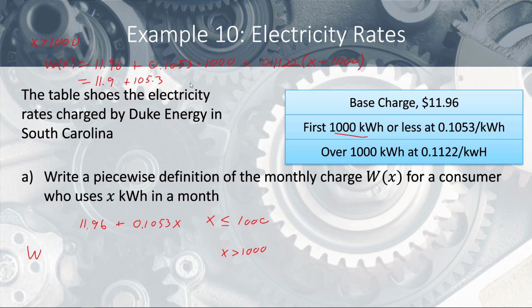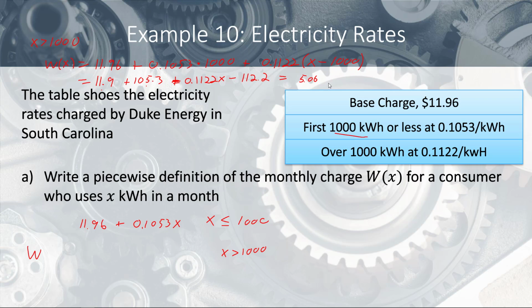Using the distributive law here, we will have plus 0.1122x minus 112.2. Okay, now we have like terms. We have a like term here, here, and here.